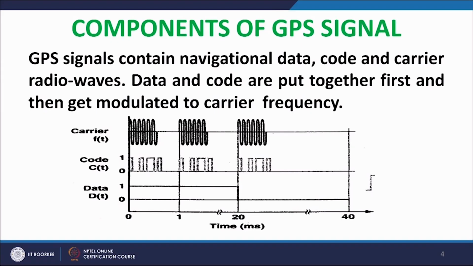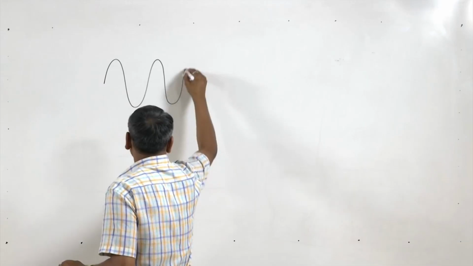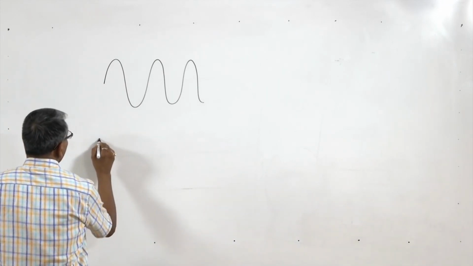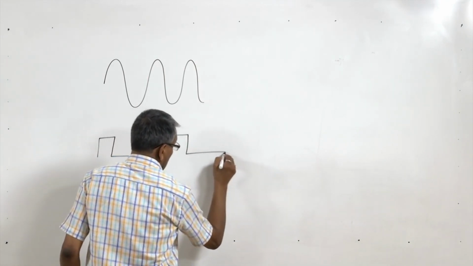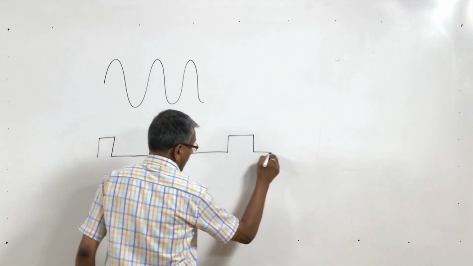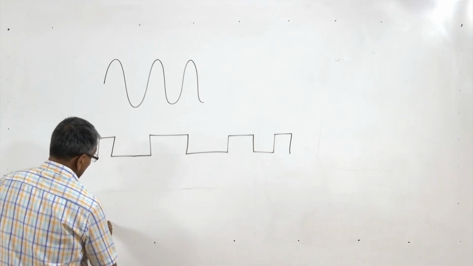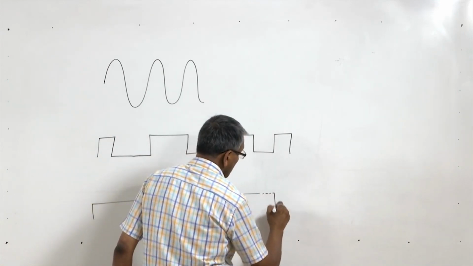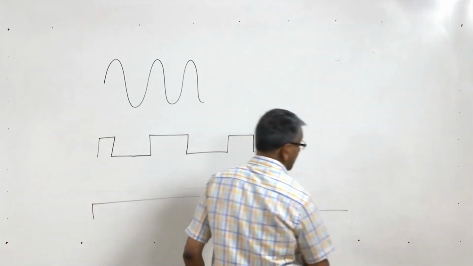So there lies the need of this class, that we need to know as well as understand the contents of a GPS signal. Now GPS signal is the modulated carrier wave consisting of a carrier wave which is sinusoidal in nature, then it contains binary type of pseudorandom code and also binary type of nav data.